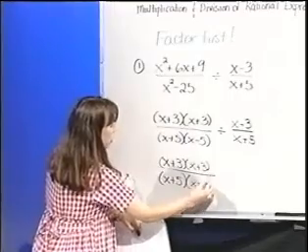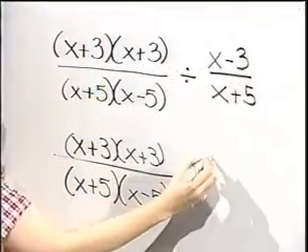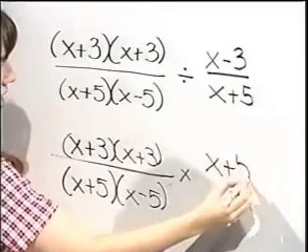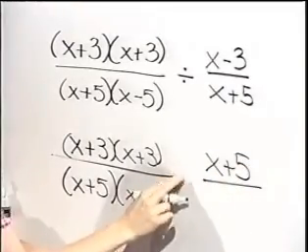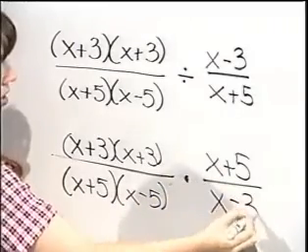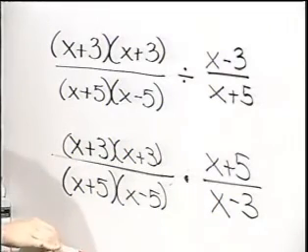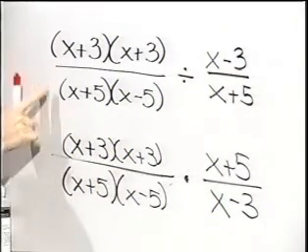You leave your first fraction alone, but you convert the second one. So now you flip the second one and make that times x plus 5 over x minus 3. So I've simply converted this expression here to this.